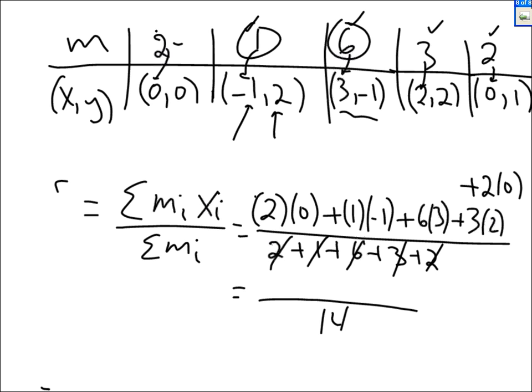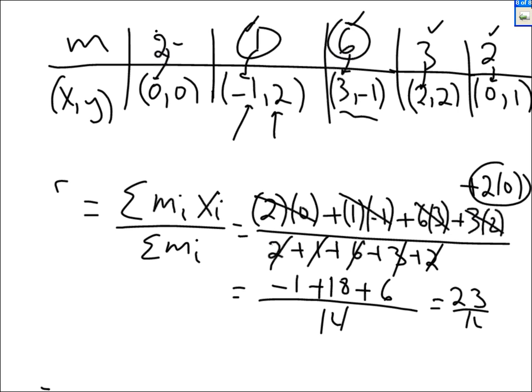For the top, I get 0, negative 1, plus 18, that's 17, plus 6, that's 23, plus this is 0. I get 23 over 14. That's the x value of the center. That's x bar, excuse me.